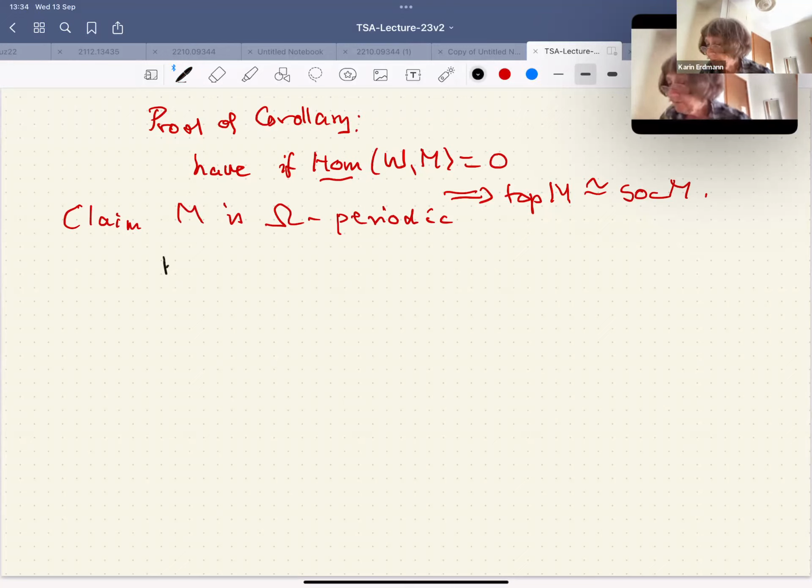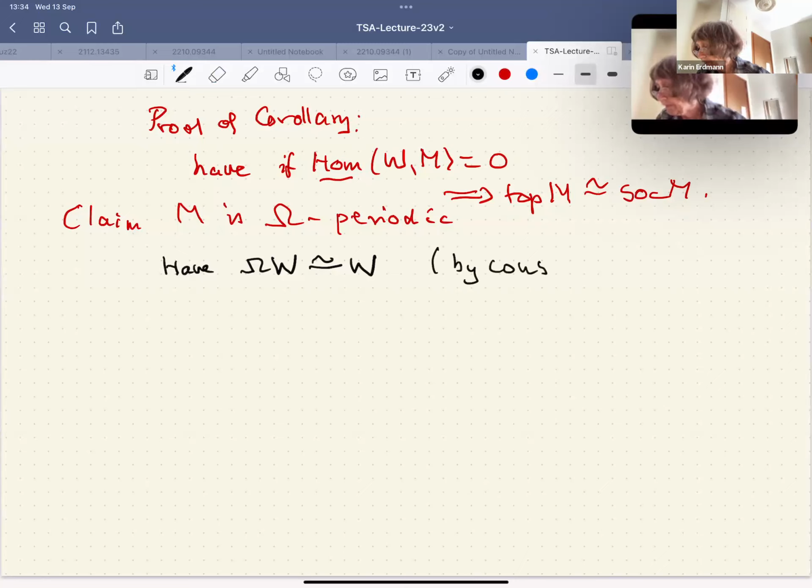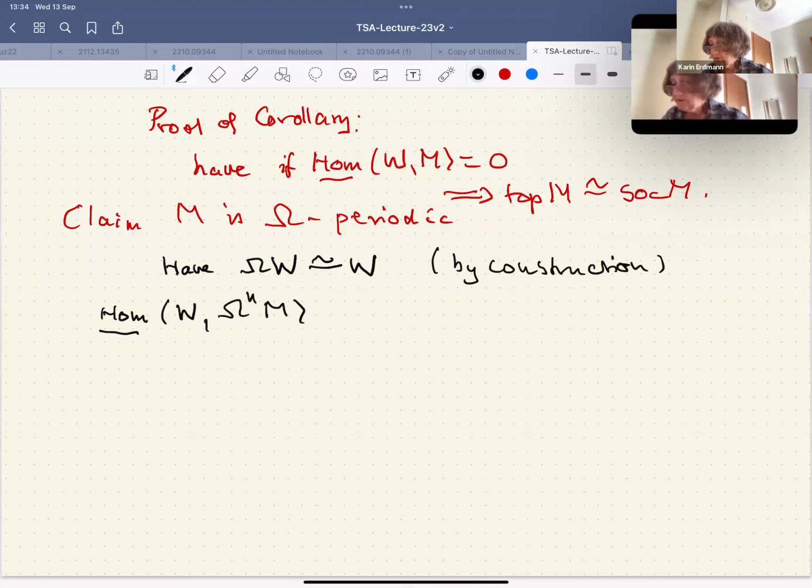So from construction, we have omega W isomorphic to W. So we're looking at the stable homomorphisms from W to omega^n M. Yes, so stable homomorphisms are invariant under omega.